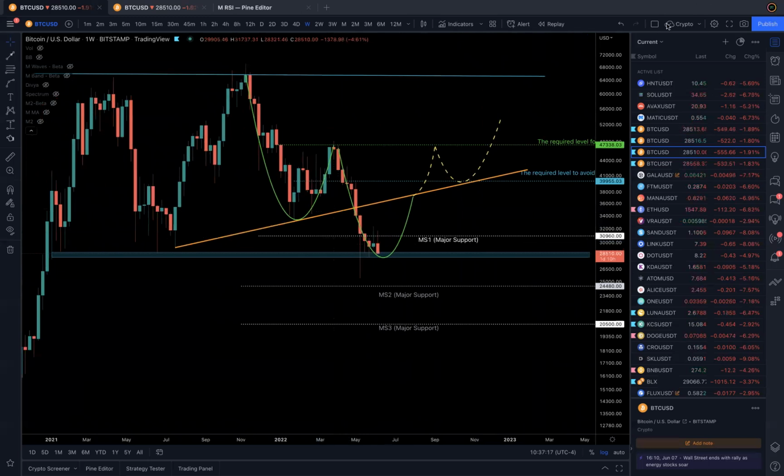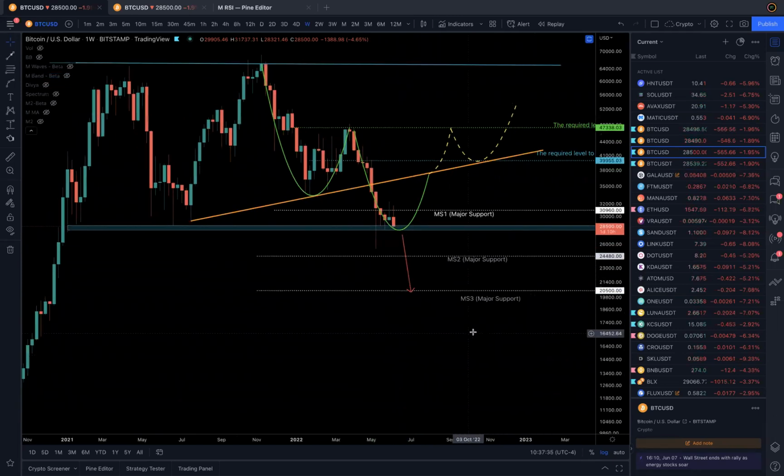So we are going to keep these drawings, but then we are saying if this is broken, of course, then it will go deeper and probably even more deeper. It could go really deep.